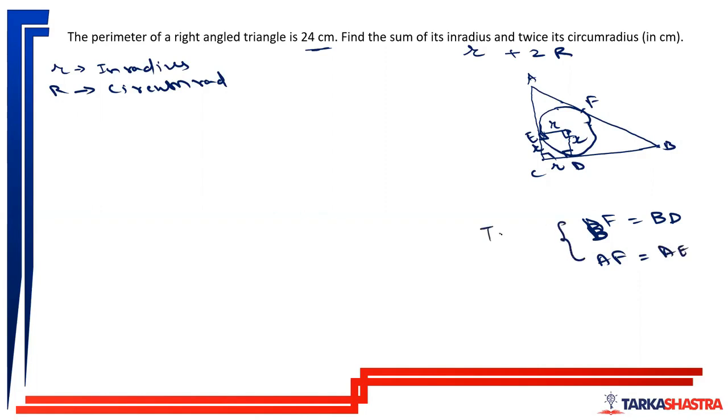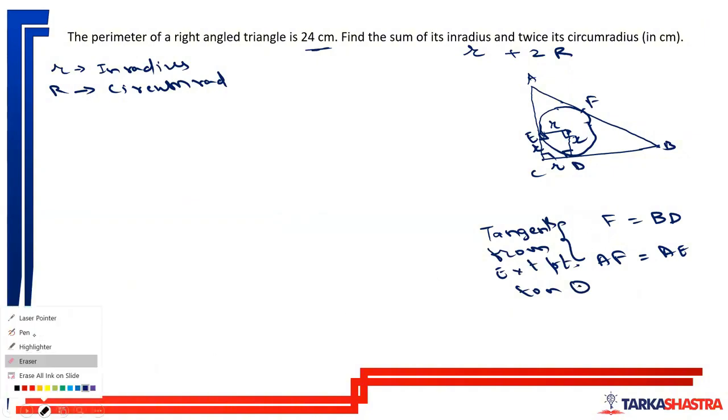Because they are tangents from an external point to a circle, and tangents from an external point to a circle are always equal. BF and BD should be equal, and AF and AE should also be equal.